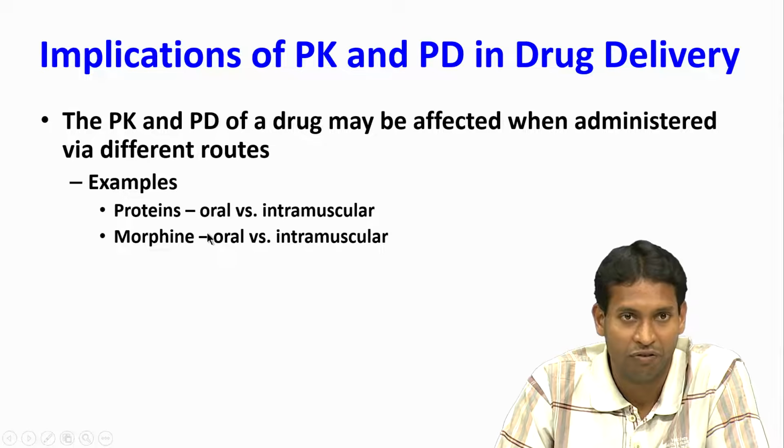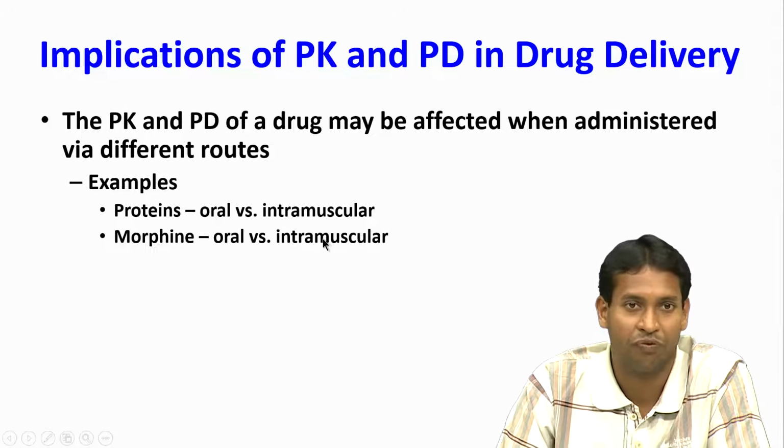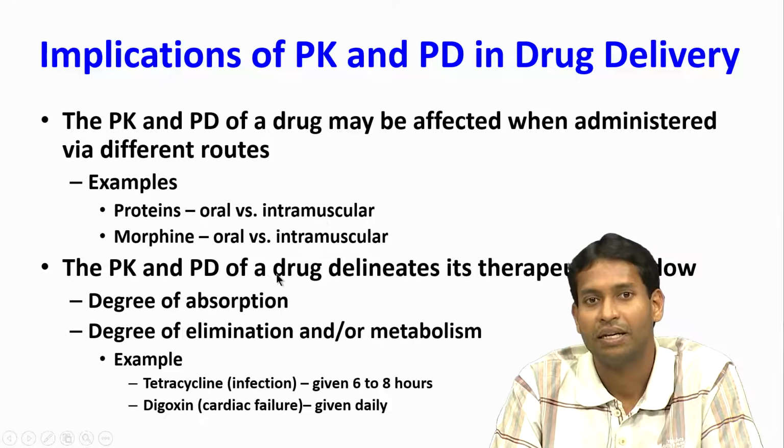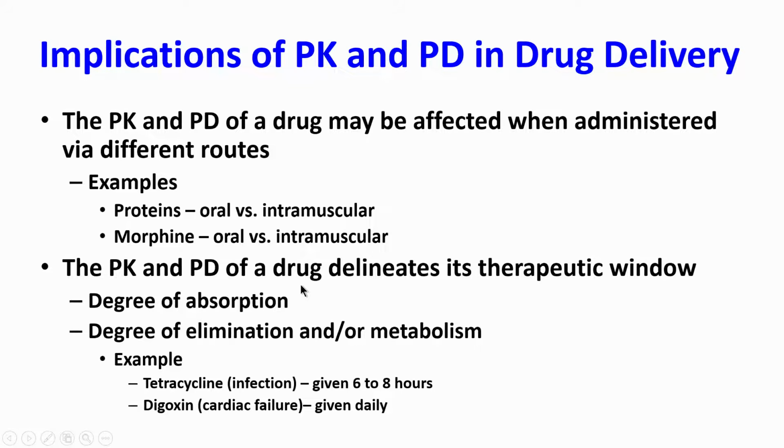Another example is morphine, with the same considerations here, where exactly you want to give it. And then the PK/PD of a drug delineates the therapeutic window that it is going to work in. It is going to give you an idea of how much of the drug is going to be absorbed.